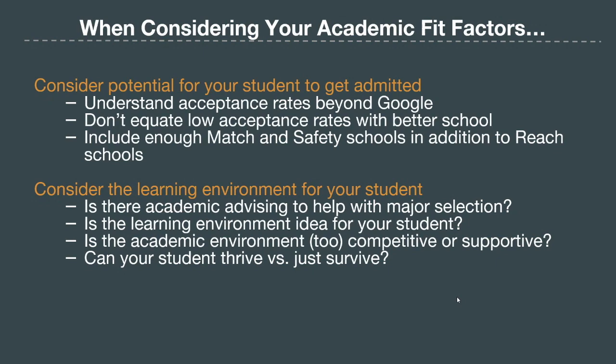Consider the learning environment. Is there help? Is there academic advising to help your student find their passion and pursue the major that they just learned about? Is the learning environment ideal for your student? Everything from class size to competitiveness, as we discussed before. And can your student thrive, not just survive, in the college environment based on the criteria you've identified and validating that criteria with your research?